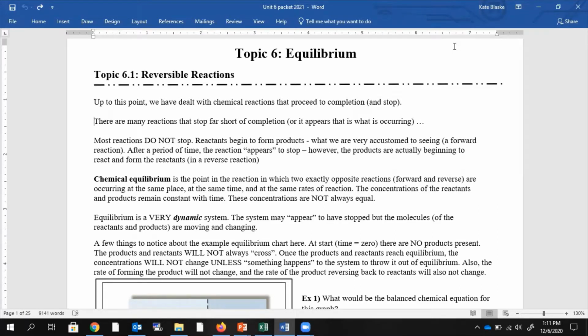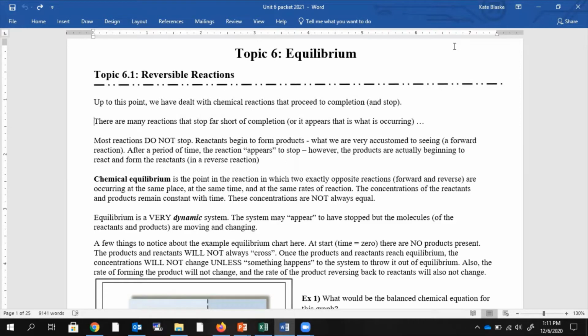Many times reactions will start to proceed. Those reactants will start to form products. And then it will look to us like the reaction has stopped, either with a lot of products formed or maybe just a little bit of products formed.